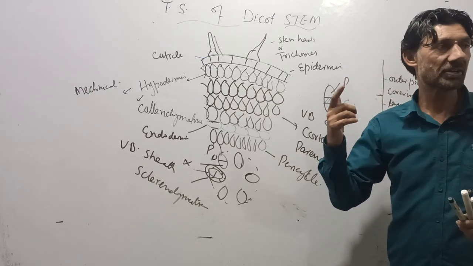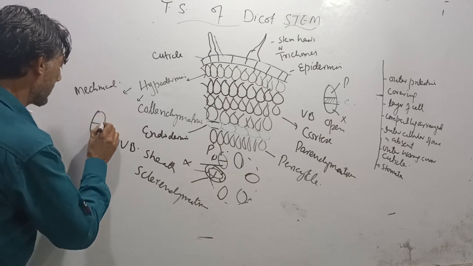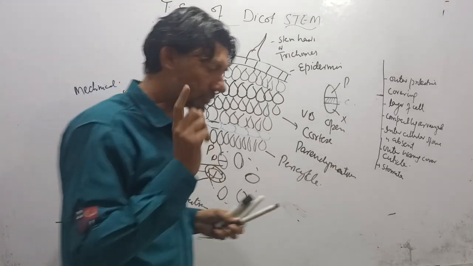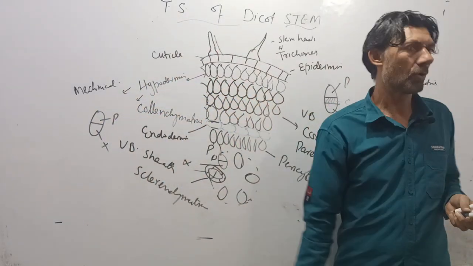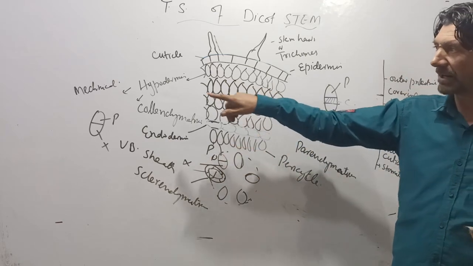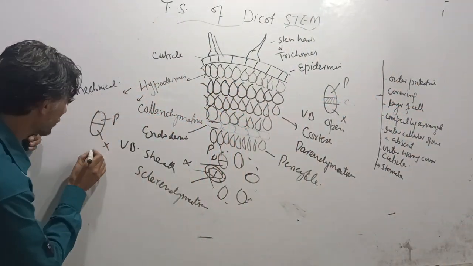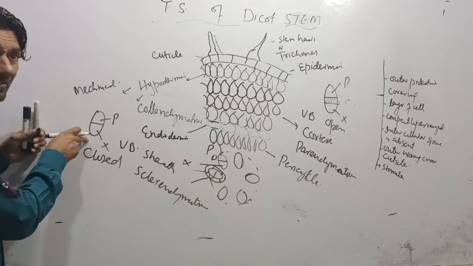In monocots, cambium is absent, so the vascular bundle is closed.